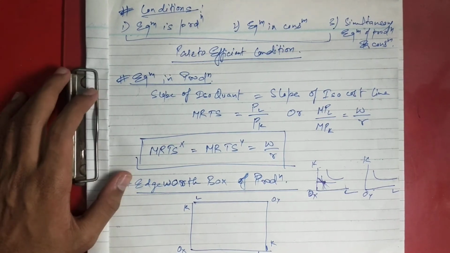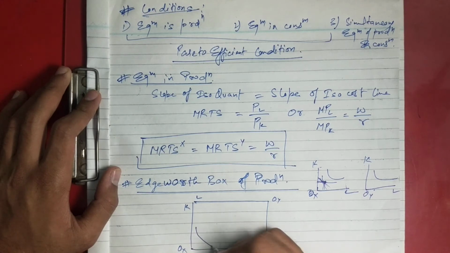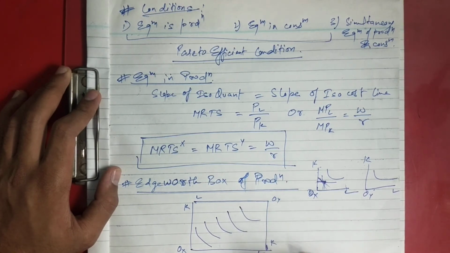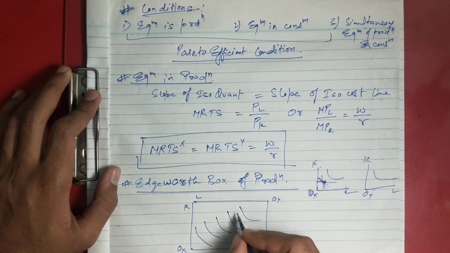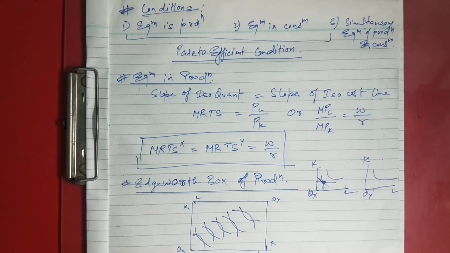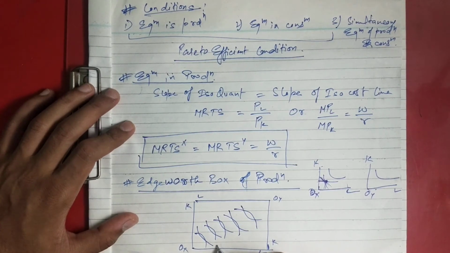So there will be many isoquant curves for X which will be like this, and we assume that they are convex. Similarly there will be many for Y which look like this. If you rotate this whole curve, it will be like this. Okay, so let us name the quantities which we are going to produce.